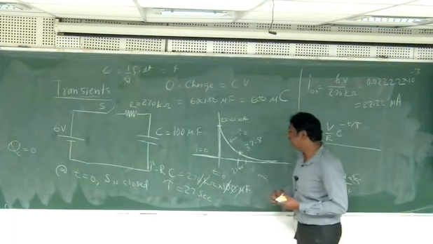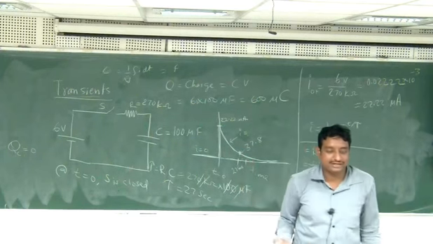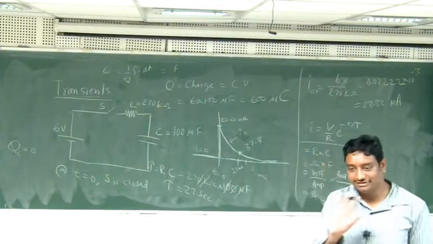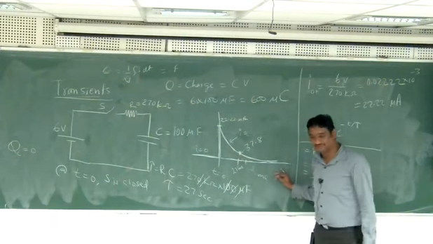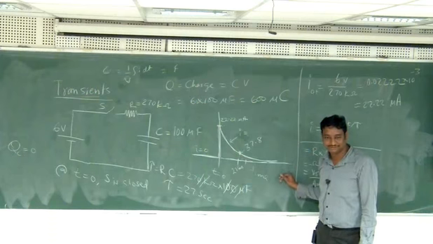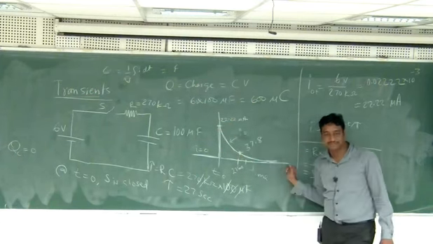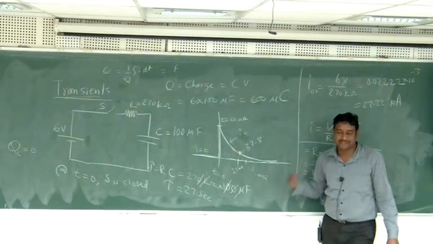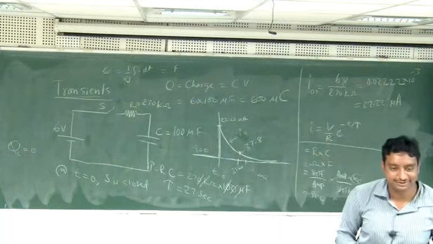But why do we use this 37.8%, why not use 50%? First of all, we cannot use 100%, because 100% means it will never charge; the current will never fall by 100%. Here it is 100% current, but it will not become 0%. Time is infinite, so we cannot use 100%. Then what other percentage can we use?